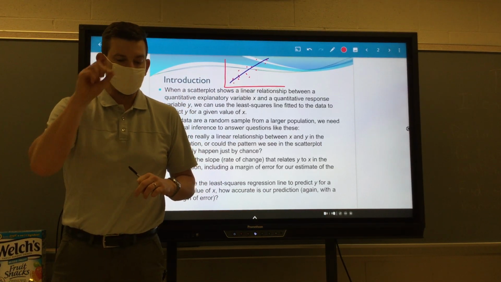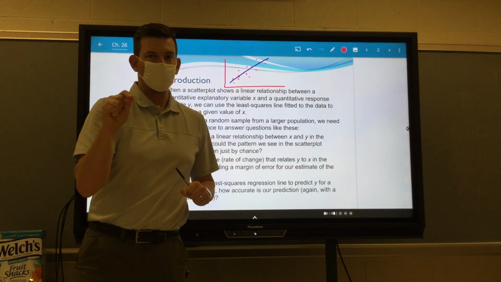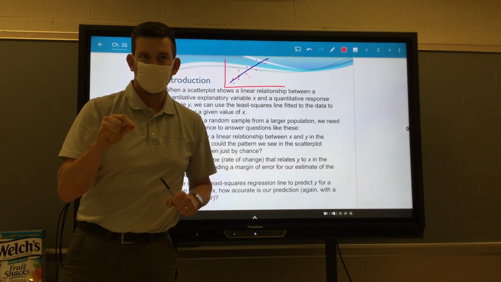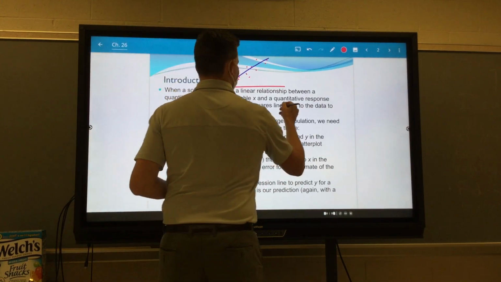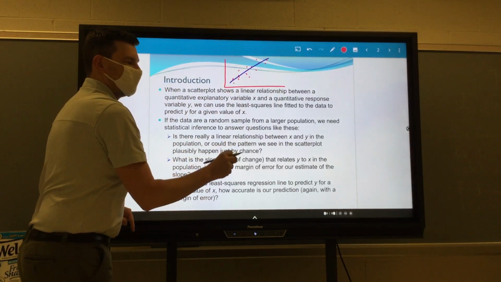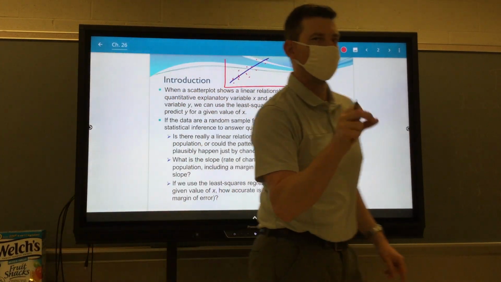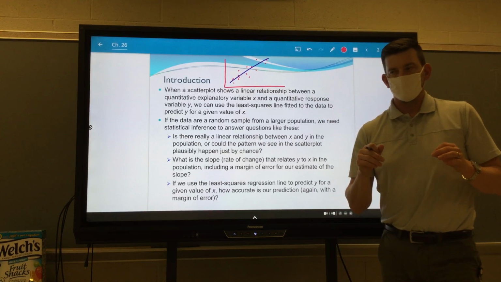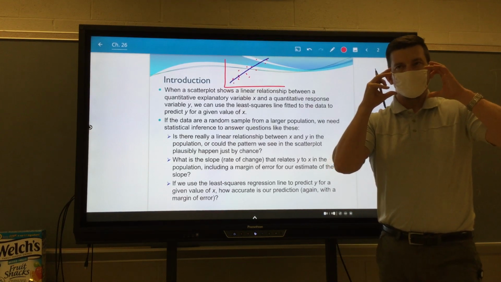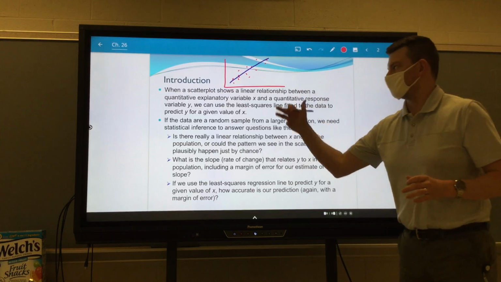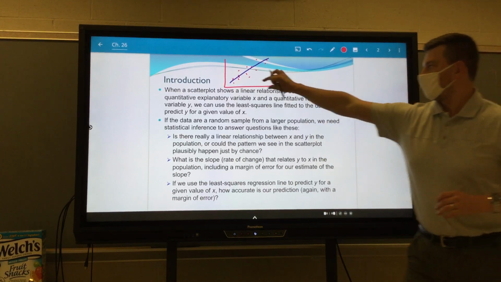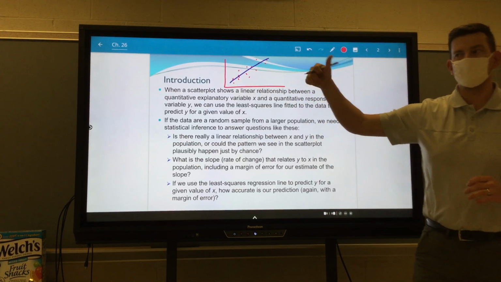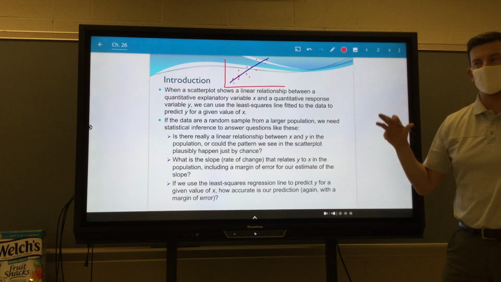That if a linear model is truly what's happening here, maybe our linear model that we got isn't the perfect model for that population's data. So there is a population model that exists. Our data is a sample of that population model.